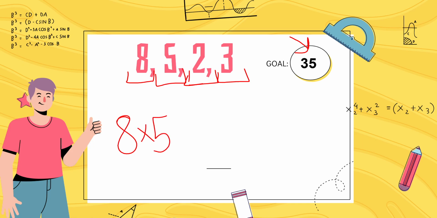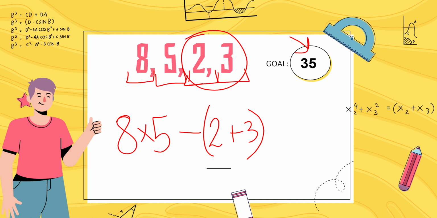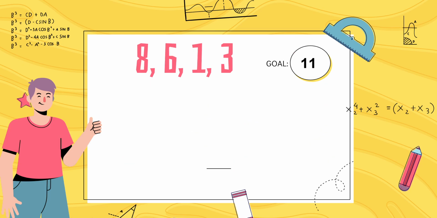I need 35, but I have numbers 2 and 3. So what if we say minus, and then I put 2 plus 3 in brackets? 8 multiplied by 5 is 40 minus 2 plus 3 is 5. Oh, that's actually 35. Good job.